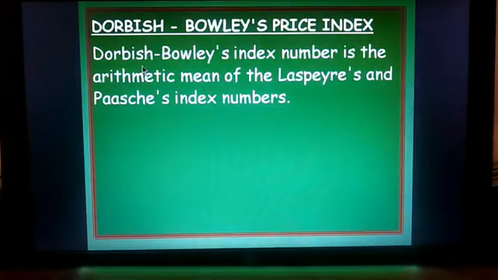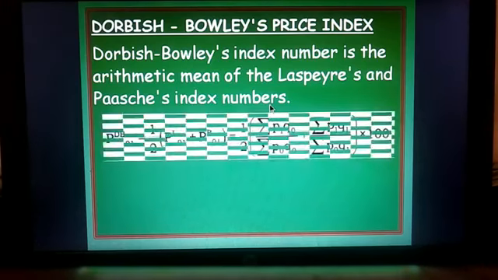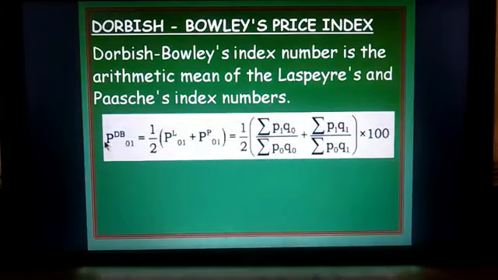So that's what has been given here. So how to write that using notations? This is P01 DB. DB is nothing but Dorbish-Bowley's.